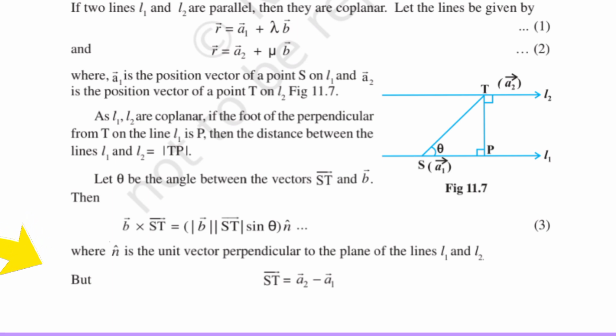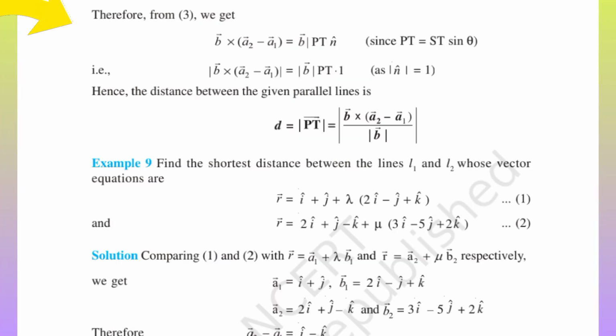But ST = a2 − a1. Therefore, from the third equation we get b × (a2 − a1) = |b| PT n.